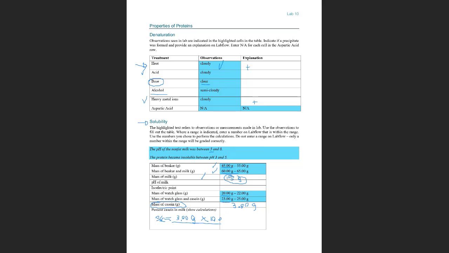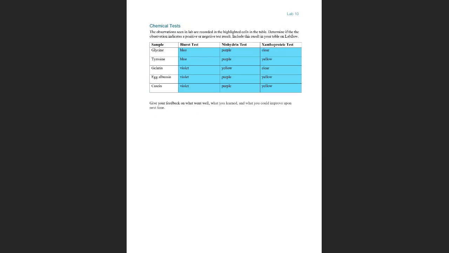In my case, it is 15 grams. So with my data, I have 20% of casein protein in the milk. This is what you need to do, and next, you do the chemical tests.